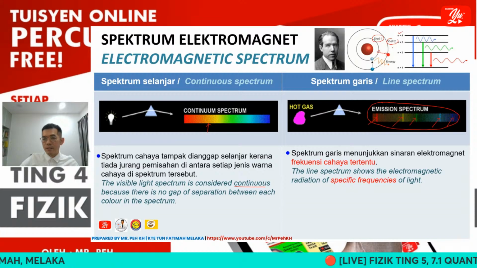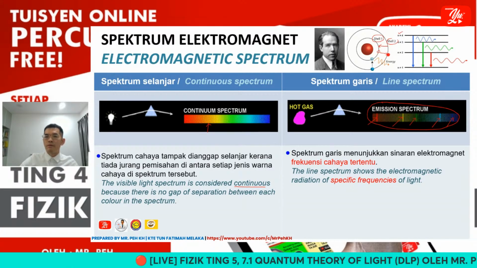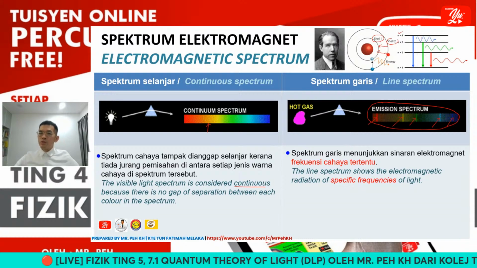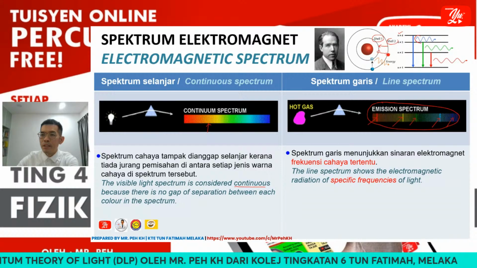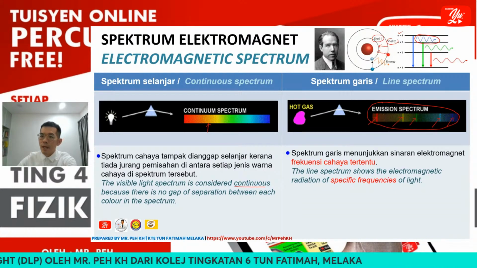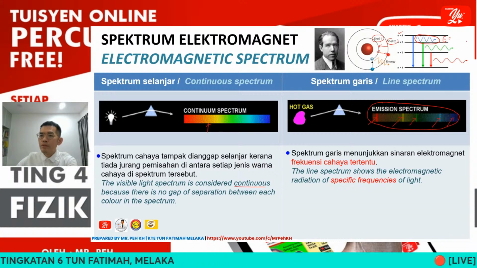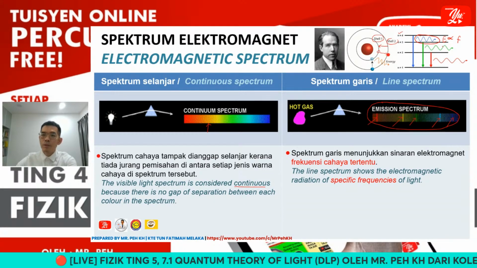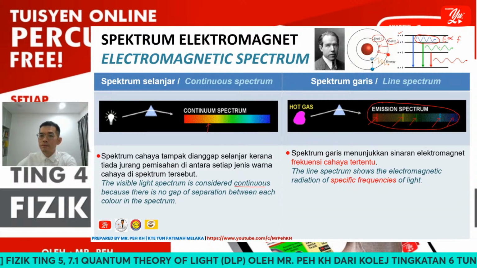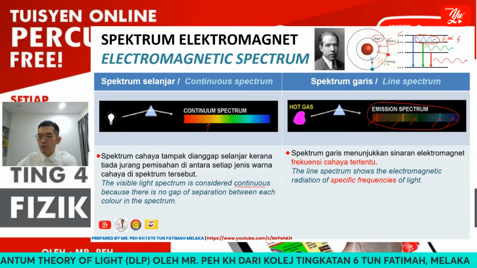It is actually unstable, and it will go back to the lower energy level. When the electron returns to the lower energy level, it emits radiation with certain energy, where we use the symbol E. The energy is directly proportional to the frequency of the light emitted. This will be discussed in detail in a few slides later.